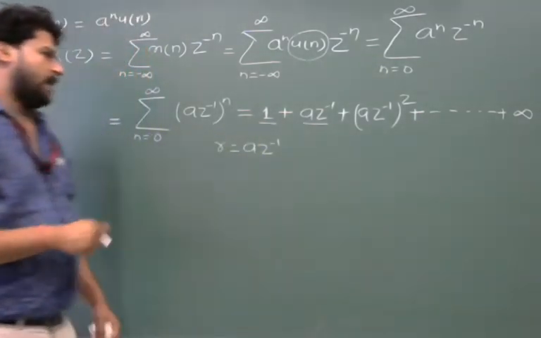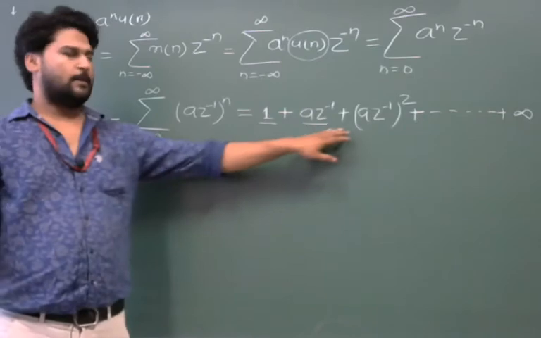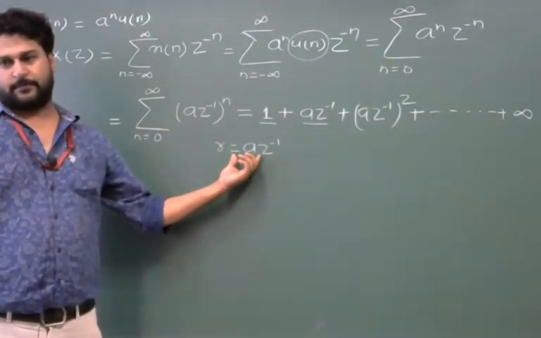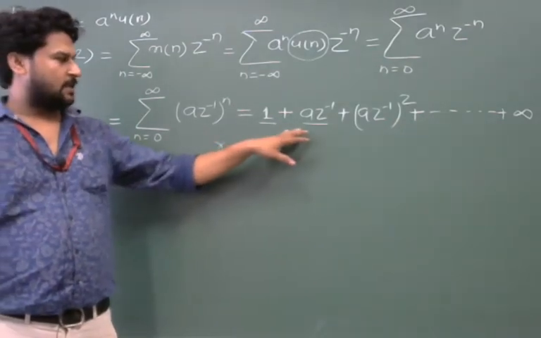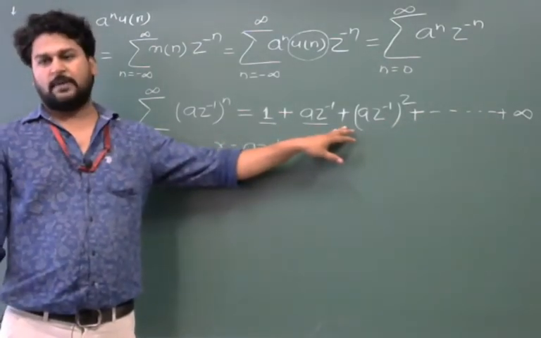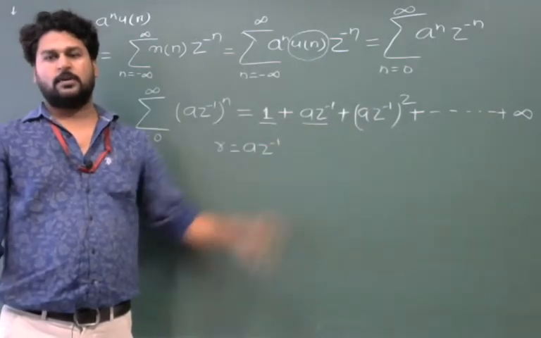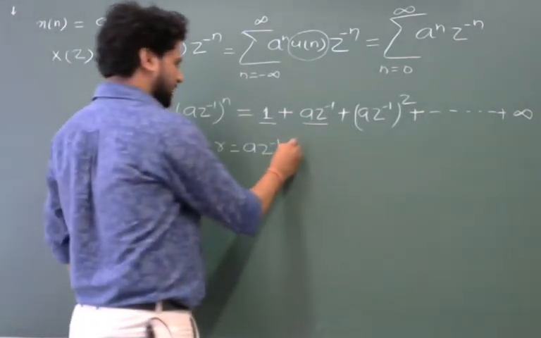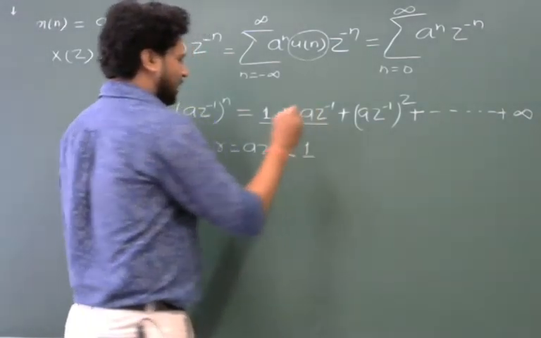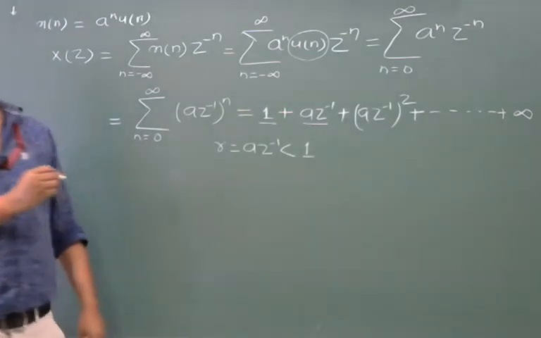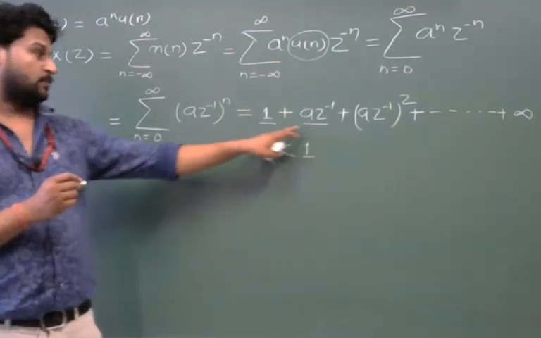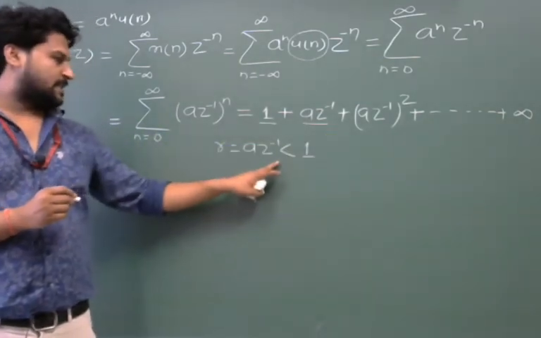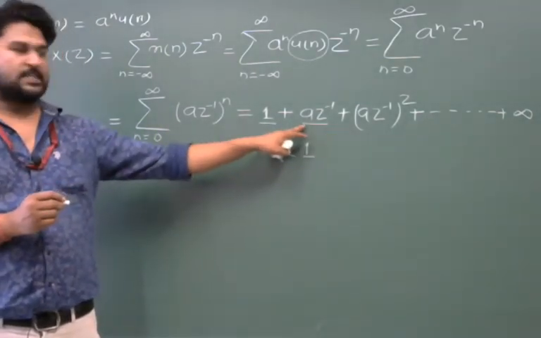So we can find some finite value of this summation only when this common ratio is less than 1. Only then this series will converge, otherwise it will lead to an infinite value. So this condition is necessary for the convergence of this series.